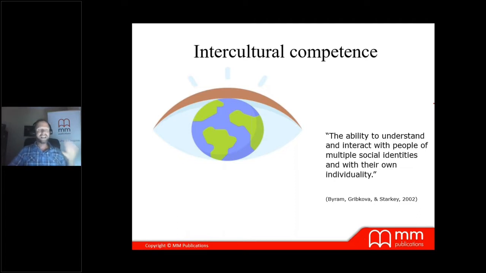And this eye is focusing on the globe. And one learner should be able to come into contact with and should learn to appreciate and gain knowledge from and to be inspired, why not, from the different cultures around the world and what they have to contribute to in order to build intercultural competence as we see here.